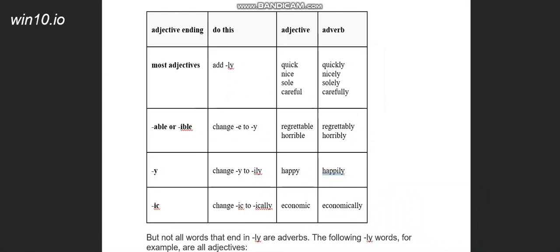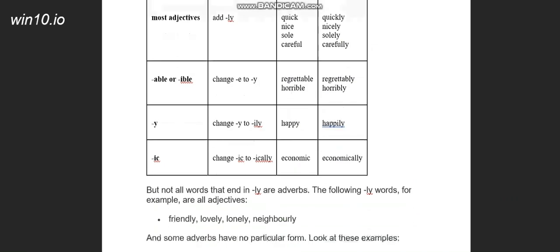When it is ending with ic, that is economic, then we are adding ally. Whenever it is ending with ic, we are supposed to add ally. Remember students, whenever you are asked to change the form of a word, like if I give you horrible to change into adverb form, then you have to choose horribly. I hope it is very much clear to you all, students.